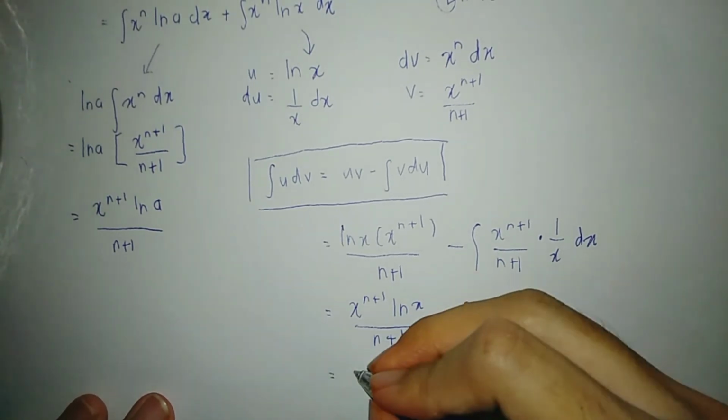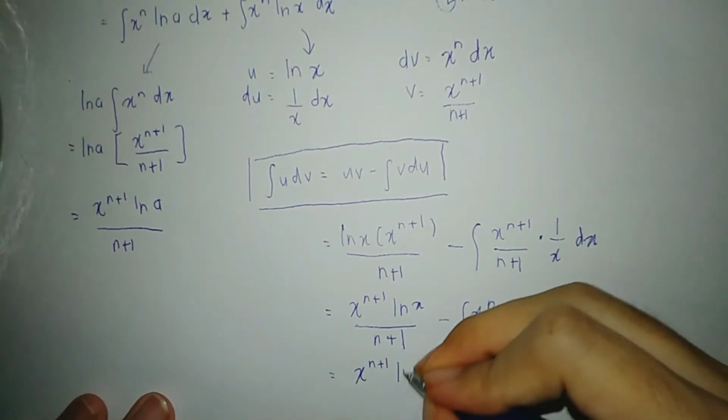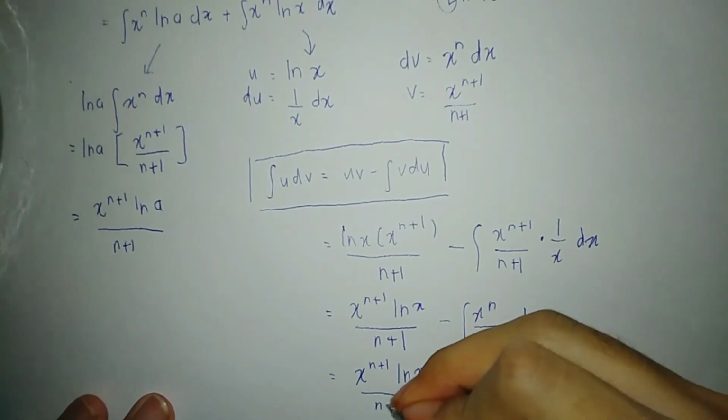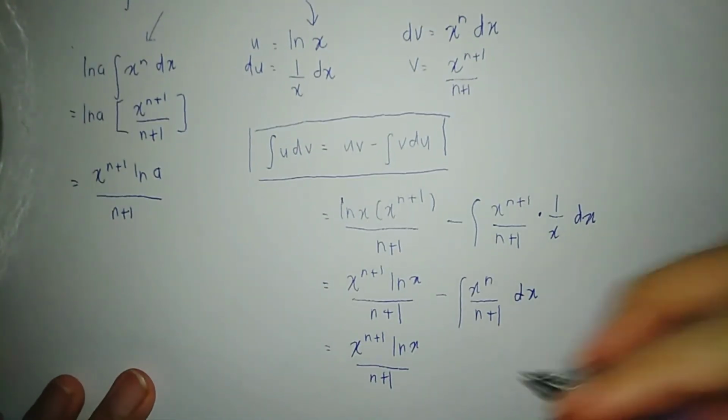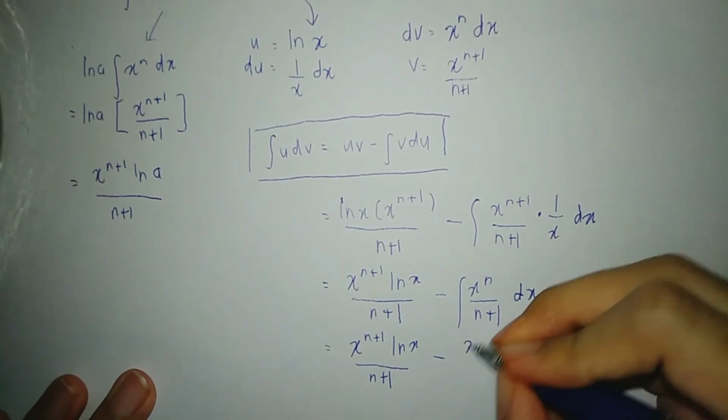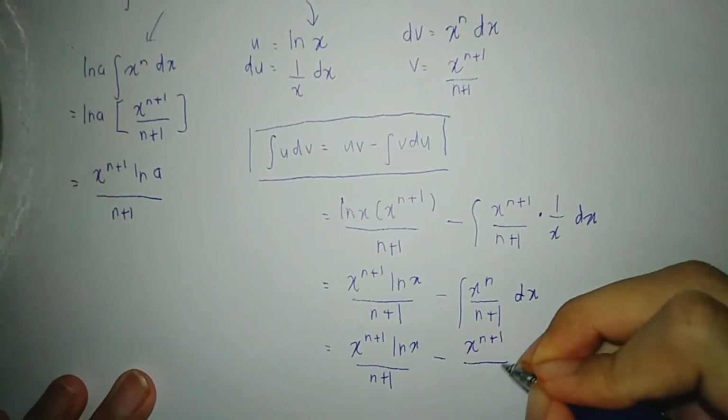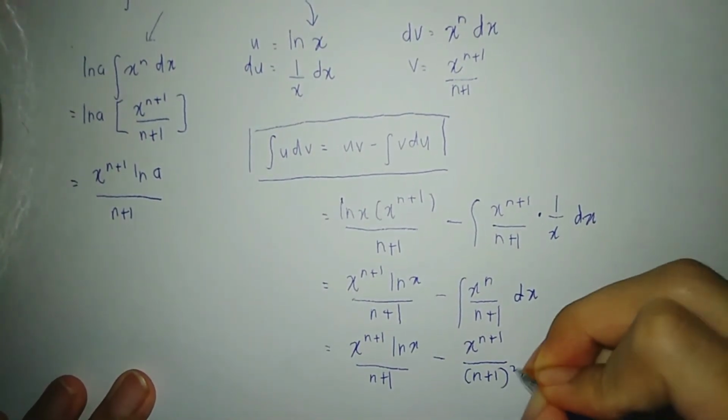So the answer for this part is x to the power of n plus 1 ln x over n plus 1 minus x to the power of n plus 1 over n plus 1 to the power of 2.